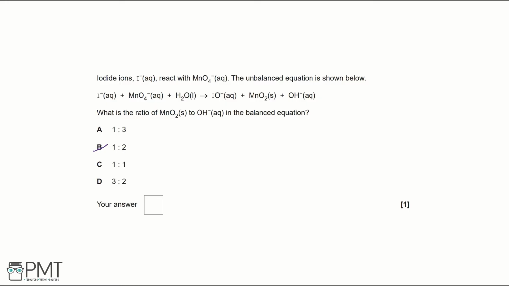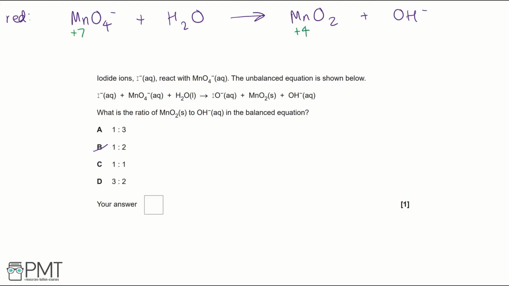So if we start with our reduction half equation, we're going to have MnO4-, and then we're going to add water and produce MnO2 plus OH minus. So the MnO4 is changing from an oxidation state of +7 to being +4.